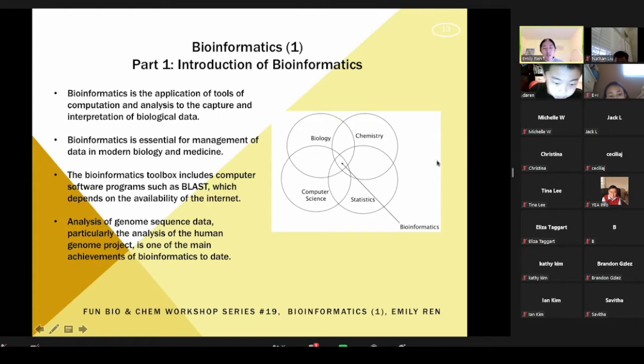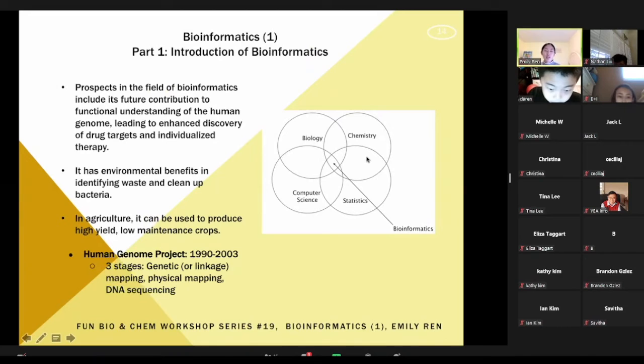Bioinformatics is a combination of biology, chemistry, statistics, and computer science. Prospects in the field include contribution to understanding the human genome, leading to discovery of drug targets and therapy. The Human Genome Project was started in 1990 and concluded in 2003.